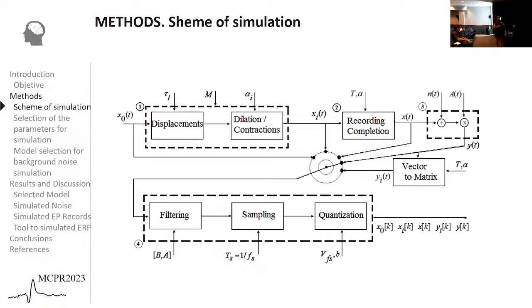The variations are displacement, different possibilities of delay of the signal, and dilation and contraction, which are characteristics of the signals.